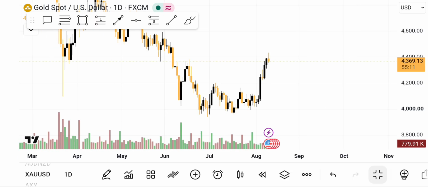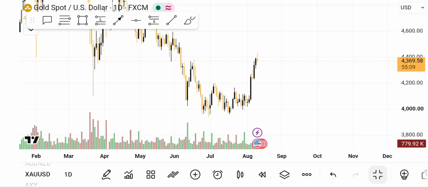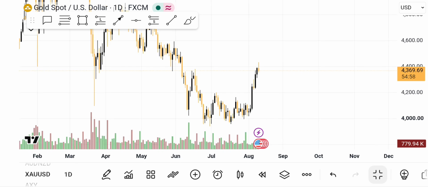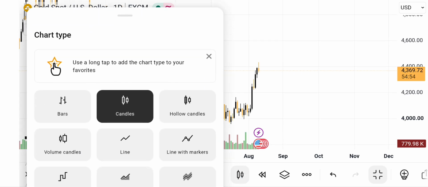So now, starting our analysis from the daily, and I'm going to show you the trades I've picked along the way. So let's start. I'm starting by using line analysis. So my strategy is simple.